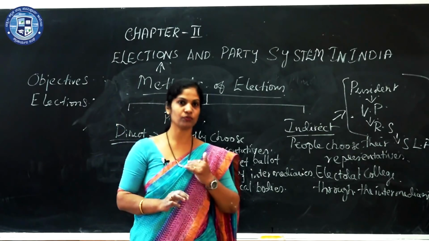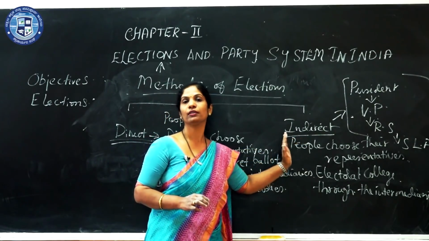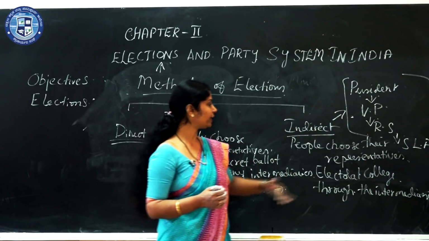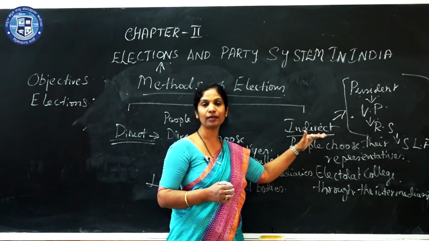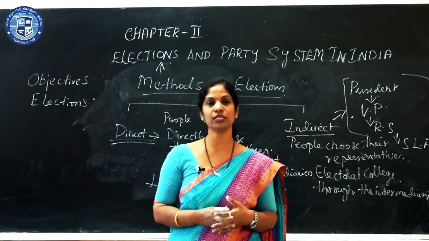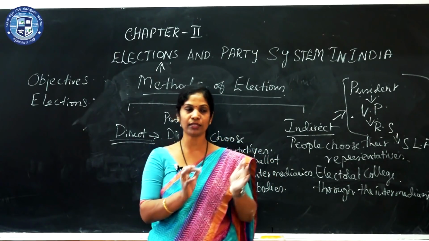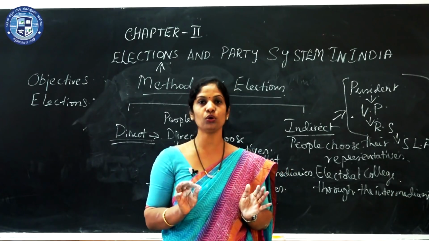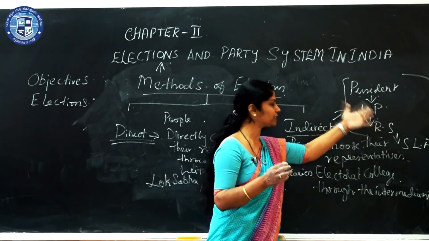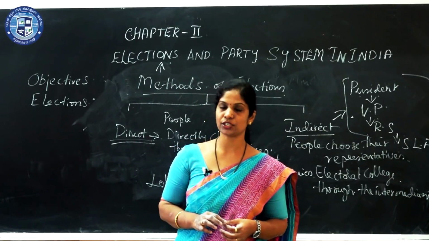Then one of the merits of this indirect election is the selection of eligible candidates. Since the members who take part in the indirect method of election are themselves involved in the affairs of the government, they are quite familiar with the representatives, and they know who is the best candidate to become either the president, vice president or the members of these assemblies or legislatures.